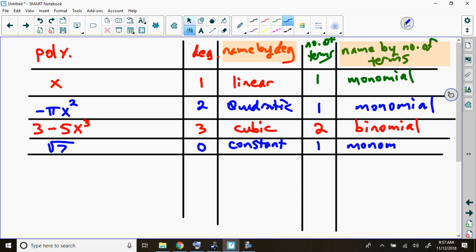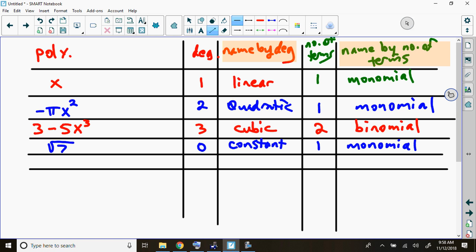If I'm being perfectly honest with you, I would make a strong argument that constant monomials are not even polynomials by definition. They're not very exciting. It's just a horizontal line. And polynomials are rope-like things that go from end to end, and sometimes they turn around and sometimes they don't. If you ever encounter one of those, I would argue that it's not even a polynomial to begin with.